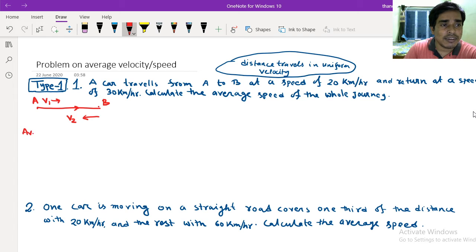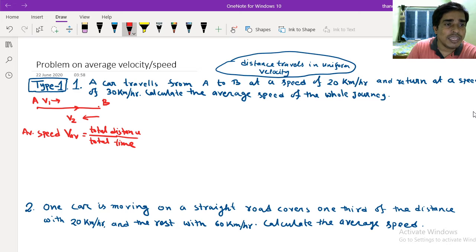Average speed, V average, can be calculated as the total distance divided by the total time taken. So V average or average speed can be written as follows.